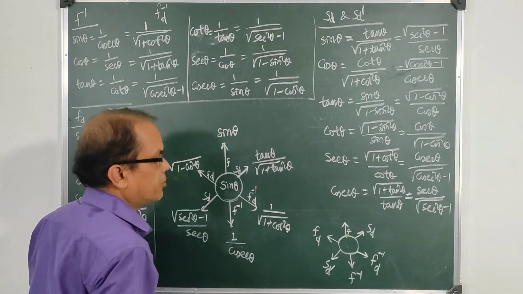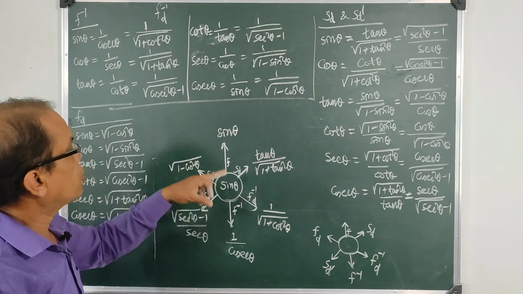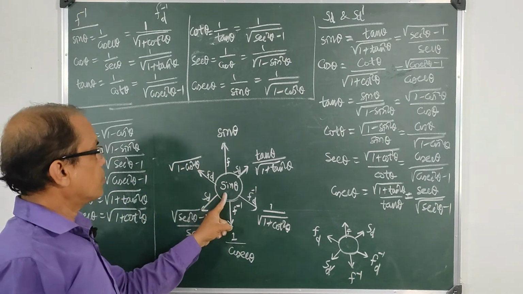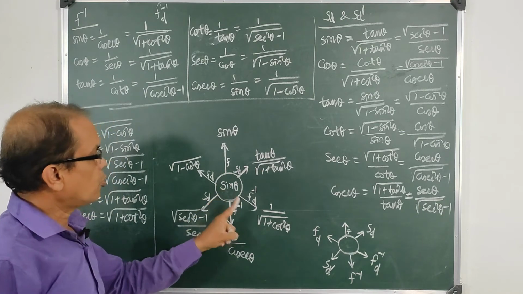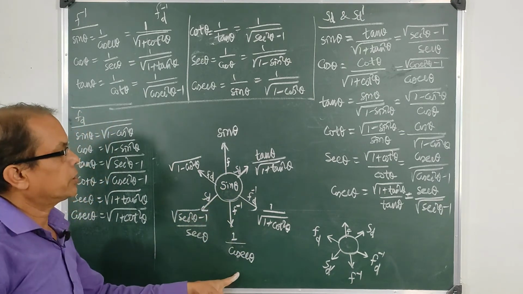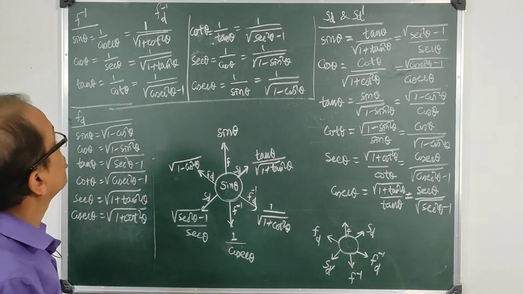What do you get? See, sin theta in terms of its own, sin theta in terms of sin theta is sin theta, in terms of cos theta this one, in terms of tan theta this one, in terms of cot theta this one, in terms of sec, in terms of cosec are these 2 ones. So sin theta can be converted into 6 different forms.